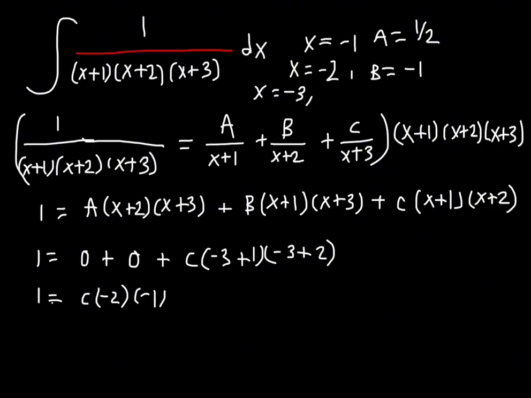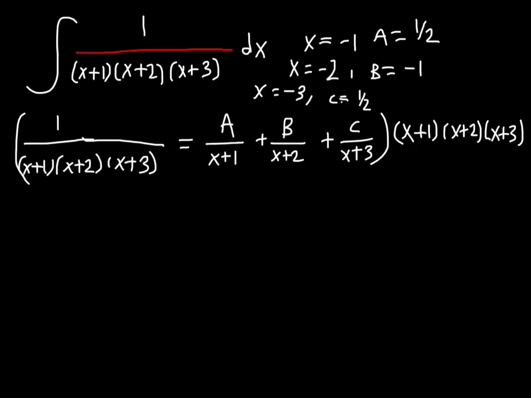So you just have positive 2c. So 2c is equal to 1. So divide by 2, divide by 2, c is equal to 1/2. So when x is -3, c is 1/2.